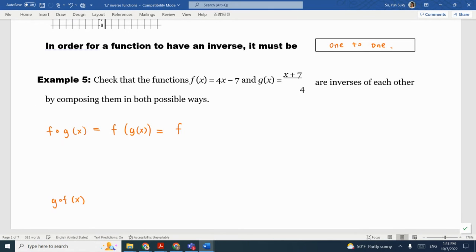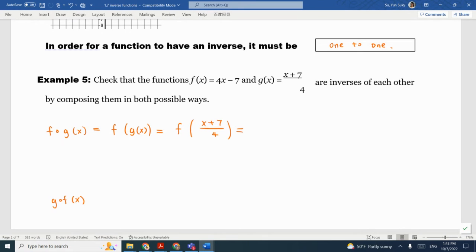So g of x is what? g of x is x plus 7 over 4. And f of that means whenever you see x in the expression, replace x by this expression.